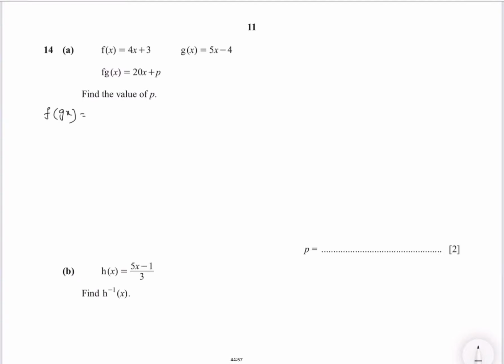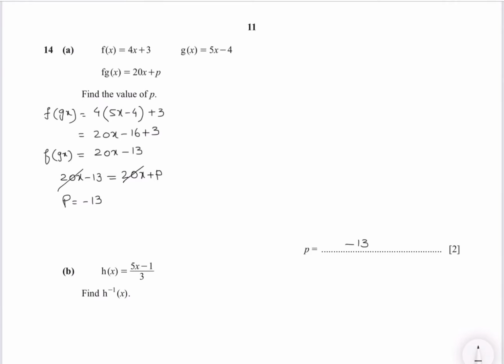So that is 4 times, in x we have to write the whole function g of x, which is 5x minus 4, plus 3. Solve it. You get 20x minus 13. This is your f of g of x. Now equate this value with 20x plus p. From here find p. So 20x and 20x will cancel each other out. So p is equal to minus 13.